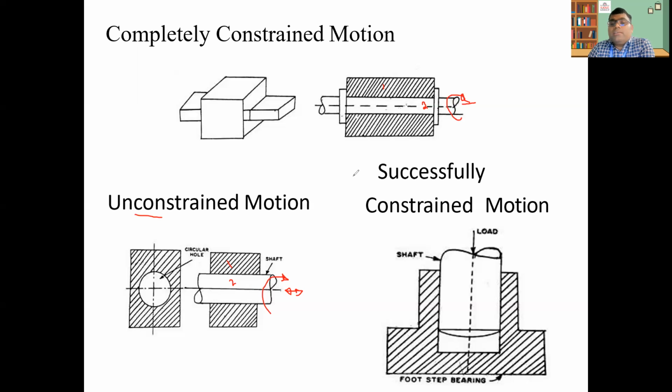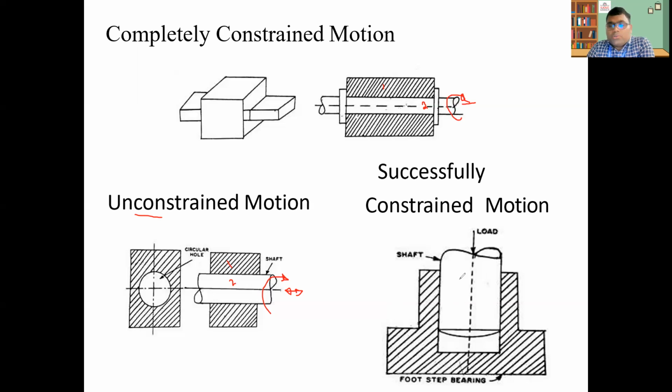The last one is successfully constrained motion. This is a typical diagram of a footstep bearing. The hatched part is the footstep bearing, and the shaft is attached here. It may be the shaft of a Kaplan turbine.